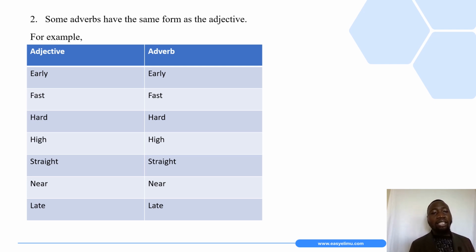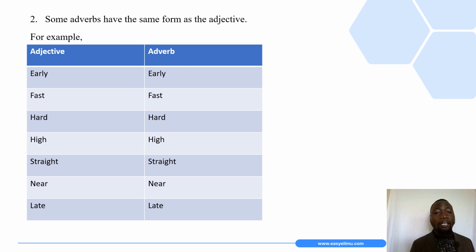Looking at the examples under the column of adjective and adverb, you'll realize that early is a word that we can use as an adjective, and again, without adding or removing anything, we can still use it as an adverb. So fast remains fast as an adverb. Hard remains hard. There is high and high, straight and straight, near and near, late and late.